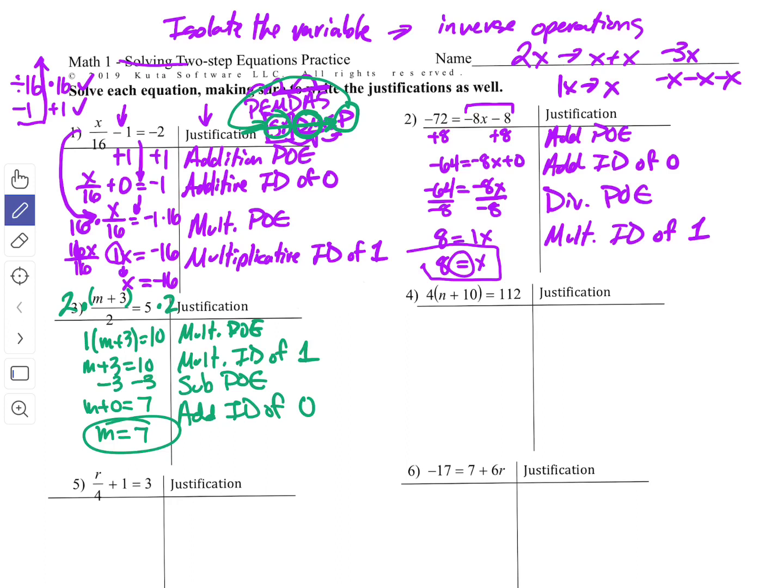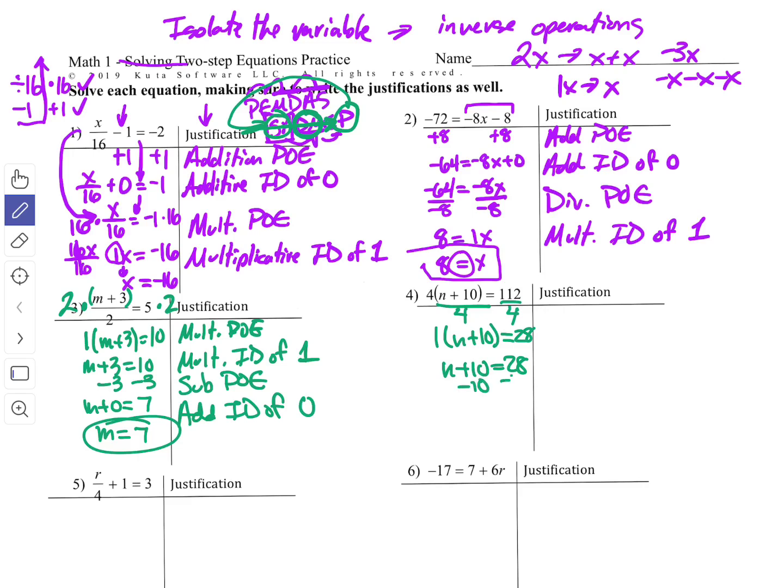The first way I would do it is I notice these parentheses and then I'm multiplying by 4. So I'm going to divide both sides by 4. That becomes 1 times n plus 10 equals 112 divided by 4 is 28. Okay, then we drop the 1, so we get n plus 10 equals 28.